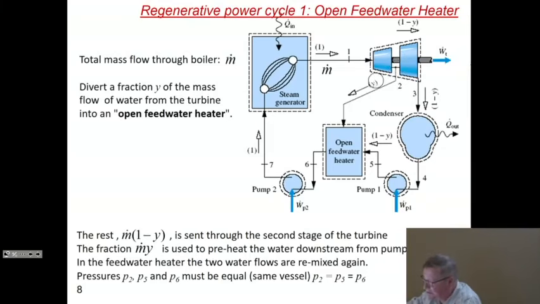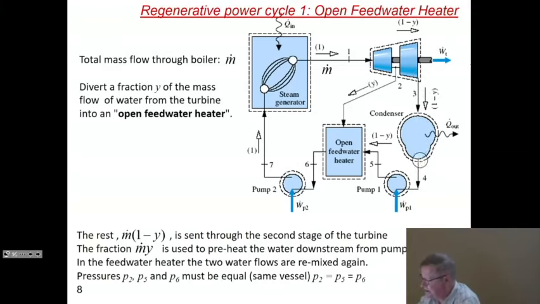So at point number 2, we bleed off fraction y of this water. The mass flow rate here is m dot. The mass flow rate at point number 2 is then m dot times y. The rest of the water is sent straight through the low pressure turbine into 3. But the flow that's here is m dot times 1 minus y, because m dot y goes here.